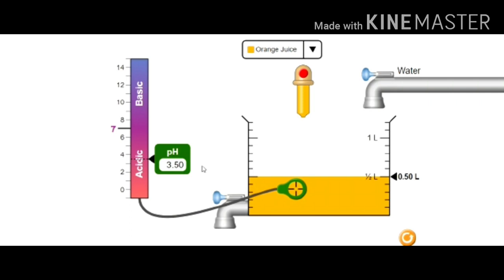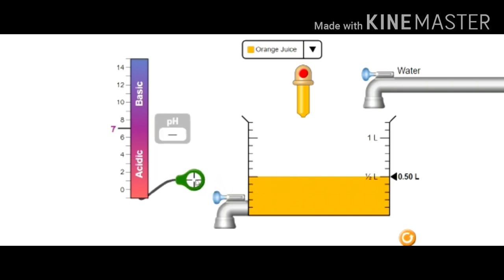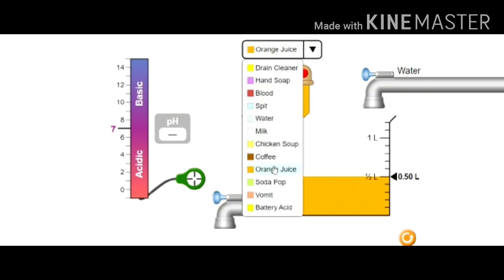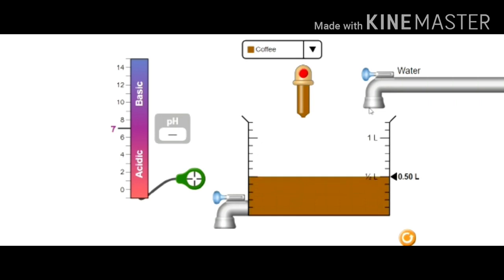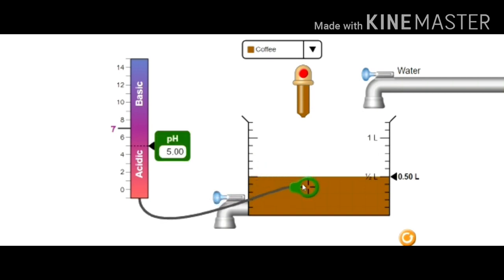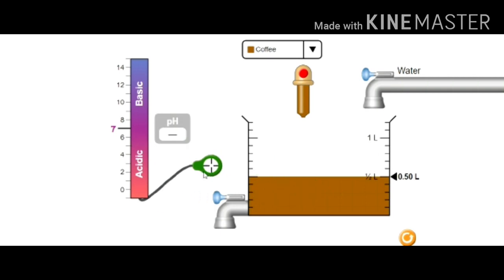That means it is highly acidic in nature. Orange juice is highly acidic. Similarly, I am now taking coffee. Once again I want to check the pH value of coffee. It is 5, therefore coffee is also acidic.